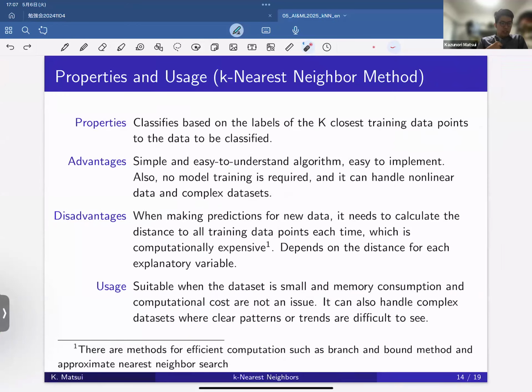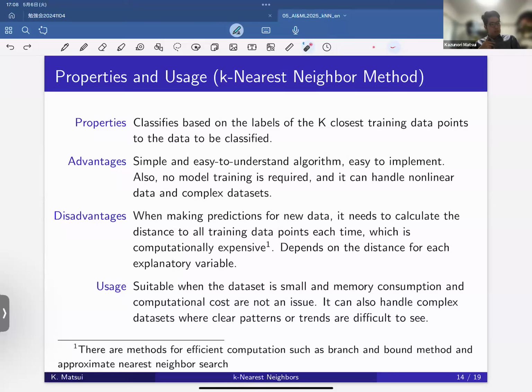To summarize what the nearest neighbors method is, it's a technique that classifies data based on the labels of the k training data points closest to the data we want to classify. Its advantages include being a simple and easy to understand algorithm that is also easy to implement.